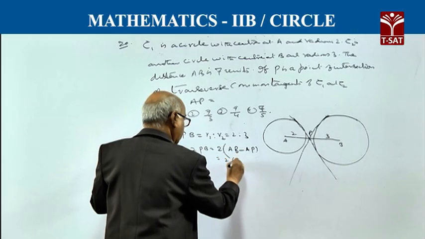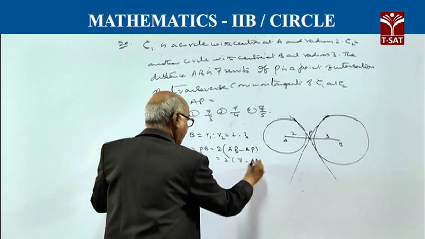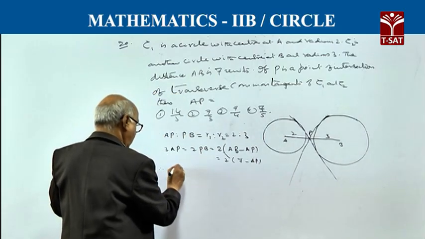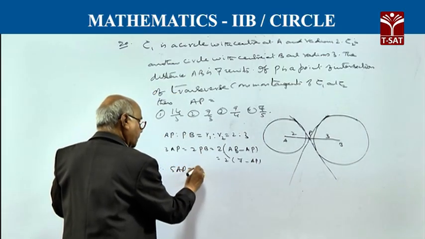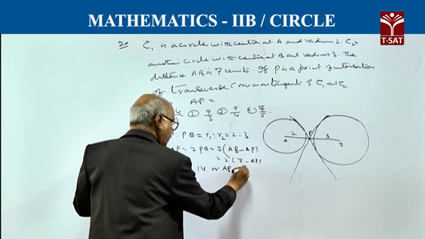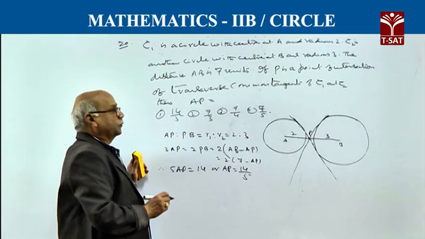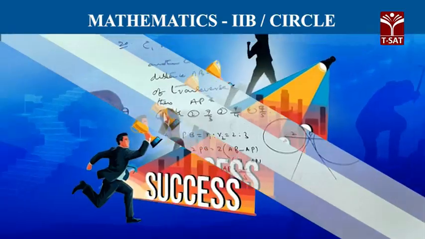So that is 2 into (7 minus AP). Therefore, 5AP is equal to 14, or AP is equal to 14 by 5. So, the answer is option number 1.